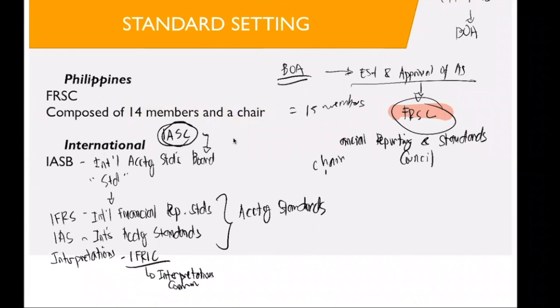This accounting standards is collectively known as IFRS. So when we talk about IFRSs, it means the three: it's either IFRS, IAS, or interpretation.